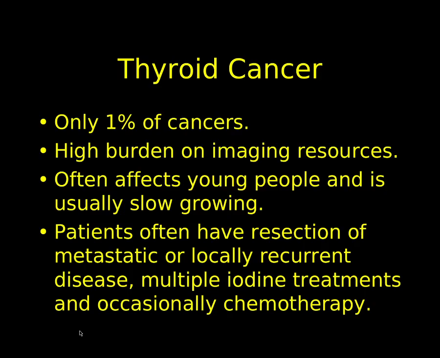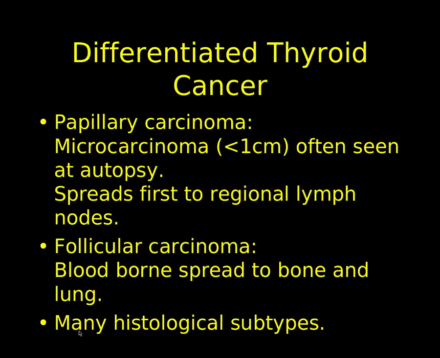We mentioned that differentiated thyroid cancer was divided into two types, papillary and follicular. Papillary carcinomas are generally better differentiated, and most microcarcinomas, which are very small tumours, are papillary and often seen incidentally at autopsy.